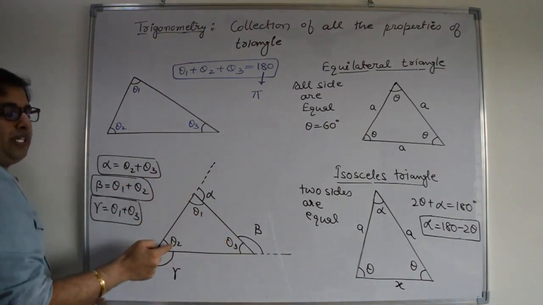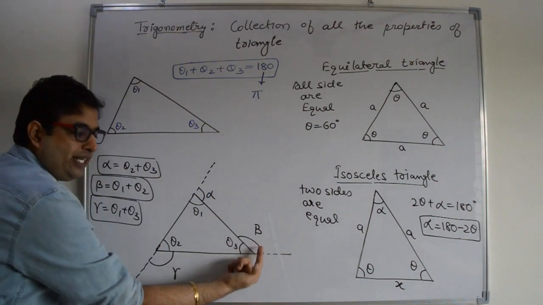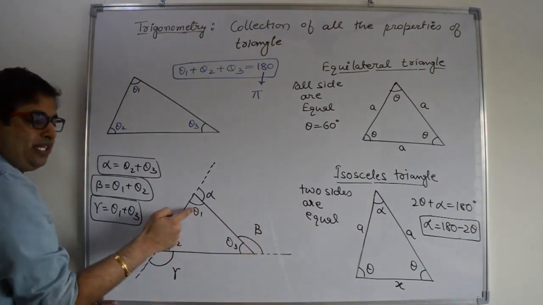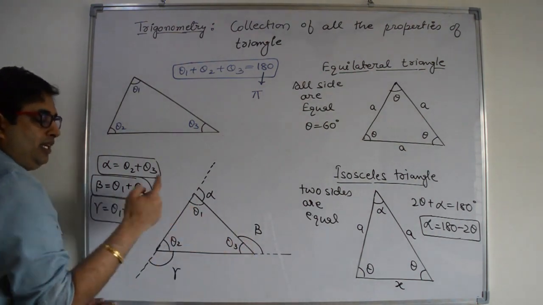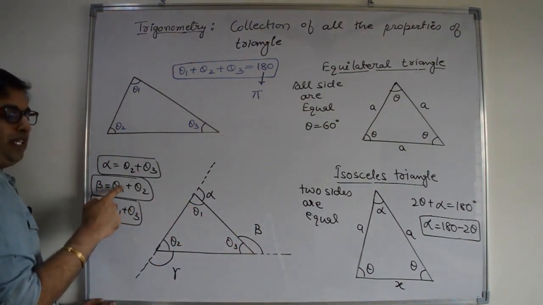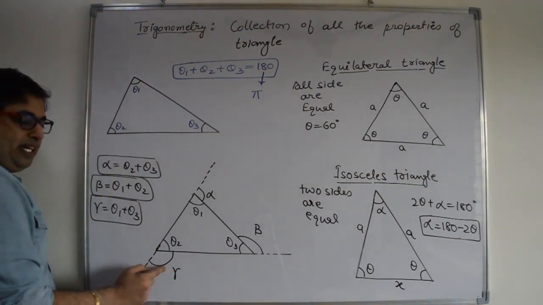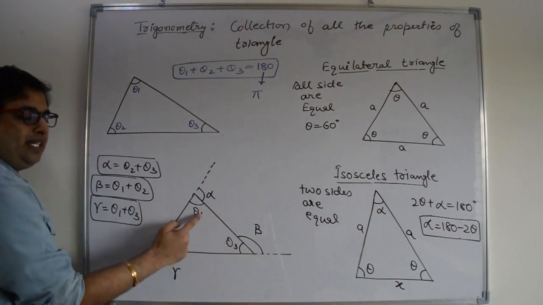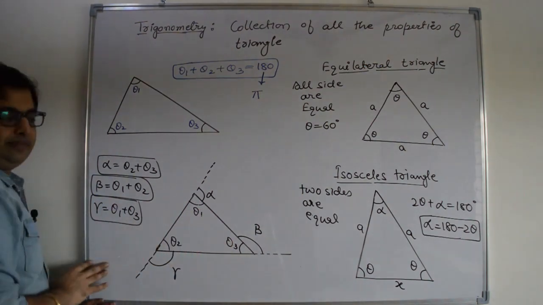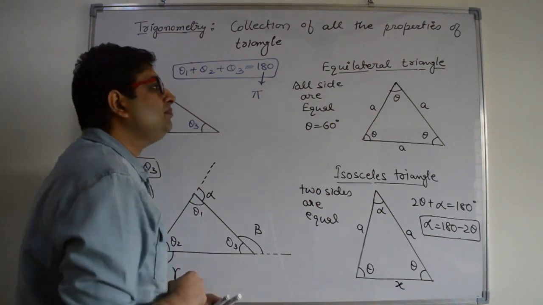Beta is exterior angle and opposite angles are theta 1 and theta 2, so beta is theta 1 plus theta 2. Gamma is theta 1 plus theta 3. Basic property of a triangle.